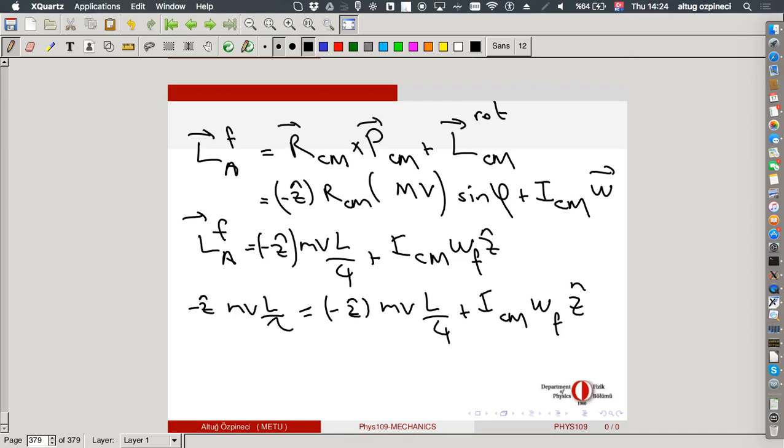And from which we can determine omega final will be equal to minus 3 over 4 mvL over I center of mass.